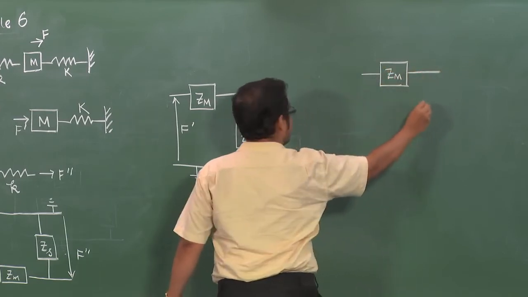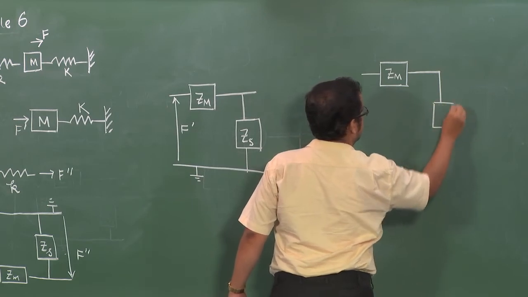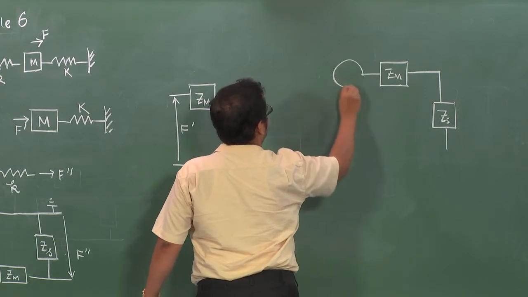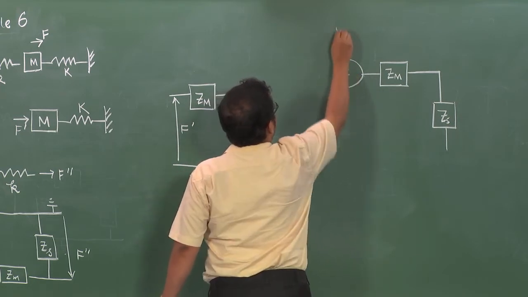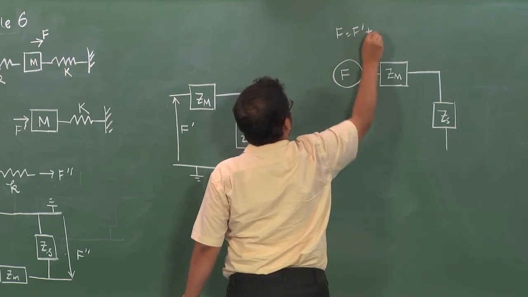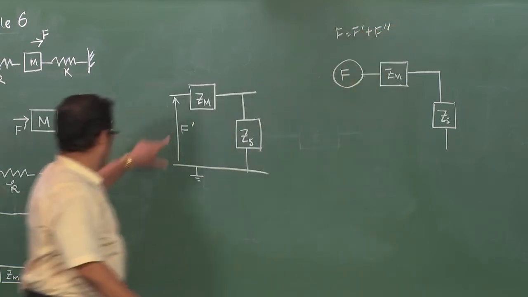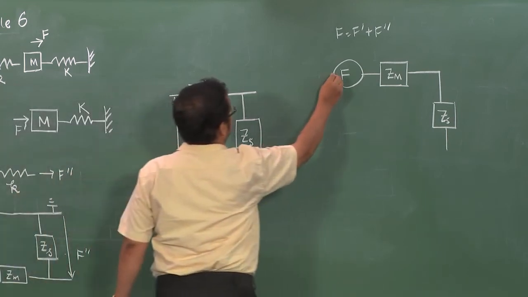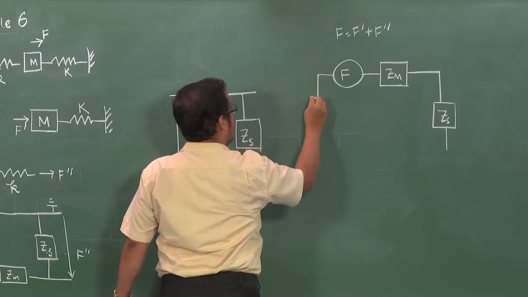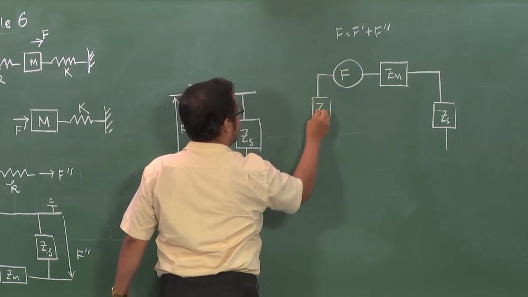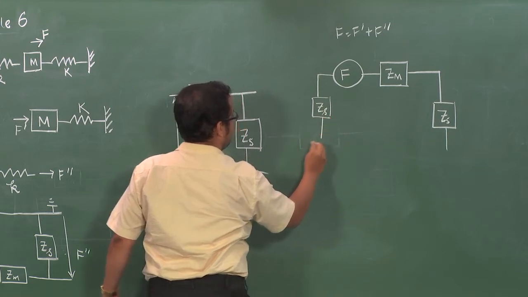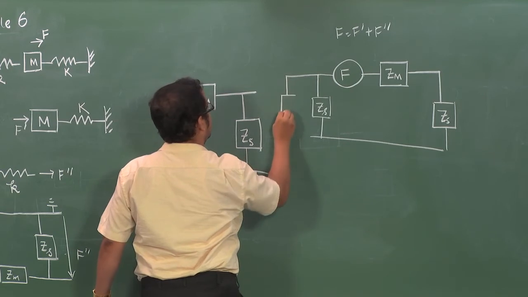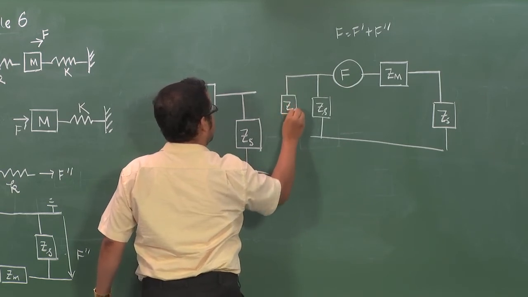Zm, Zs, both capital, and then there is a voltage source which is capital F, and capital F is equal to F prime plus F double prime, which are the voltages across the two individual segments of the circuit, and it gets completed through a shunt which is Z small s, and also through Zm.